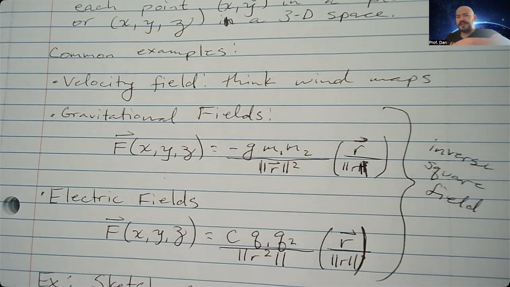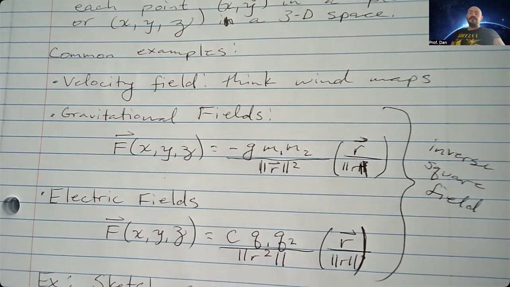A lot of times you'll see all these arrows pointing in a certain direction, maybe of varying lengths, but a lot of times they use color to describe magnitude. But the point is the speed and direction of the wind, i.e. the velocity of the wind, is represented on those plots. And that is an example of a vector field, because for every point on the map that they have, they're assigning a vector, i.e. the velocity of the wind at each point.